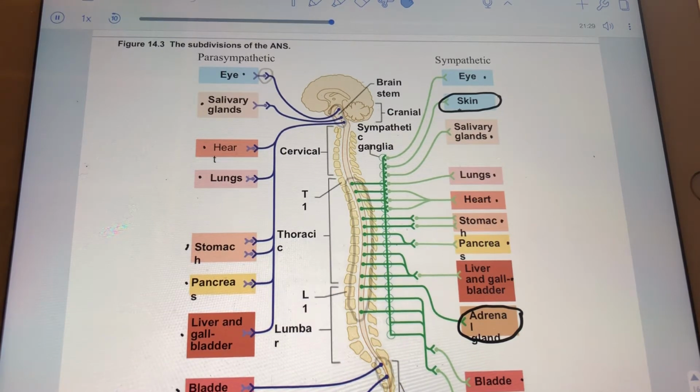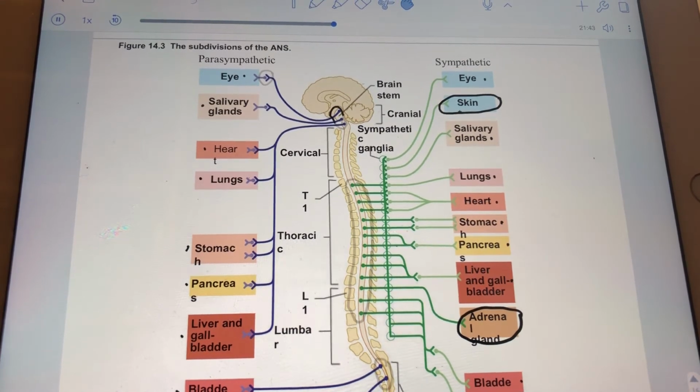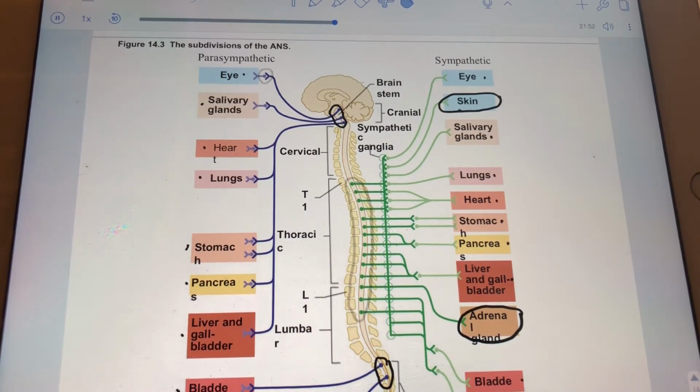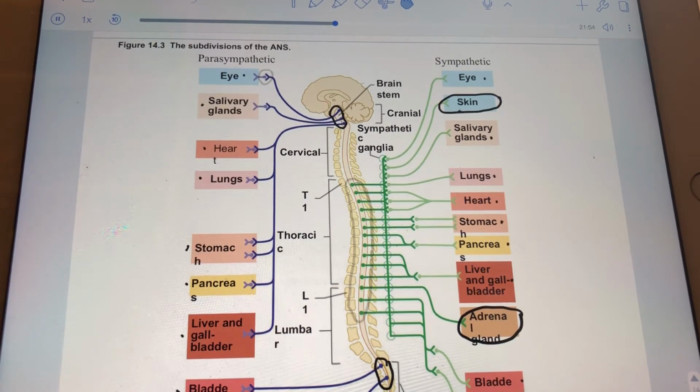And then also, this image is nice because it drives home that the cell body of the preganglionic neuron, in the case of the parasympathetic system, it's housed either in the brainstem, which is what we noted earlier, or in the sacral region of the spinal cord, okay? Whereas the cell body of the preganglionic neuron, in the case of the sympathetic nervous system, is housed in primarily thoracic, but also possibly upper lumbar, okay?